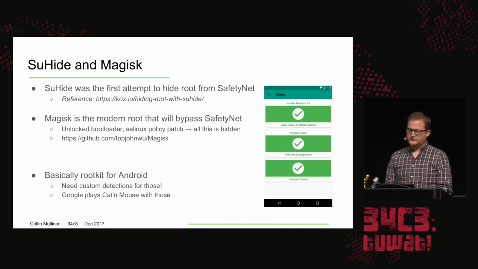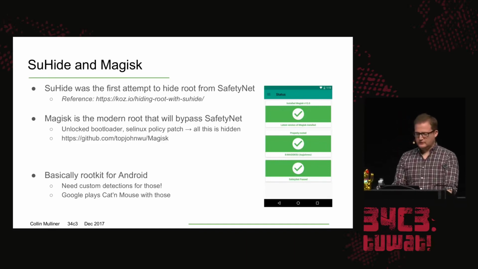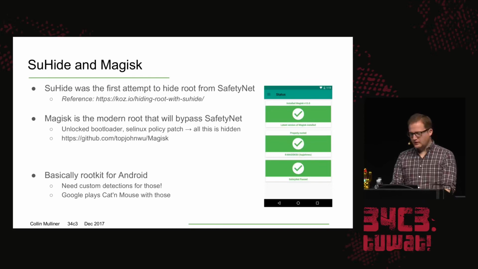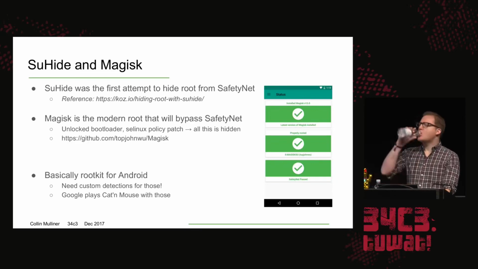In this case, you really have to unlock your bootloader and do heavy modifications, so it's probably not done by a lot of users. But basically all those tools are real rootkits to hide root from security services on Android. And Google is playing a nice cat and mouse game.